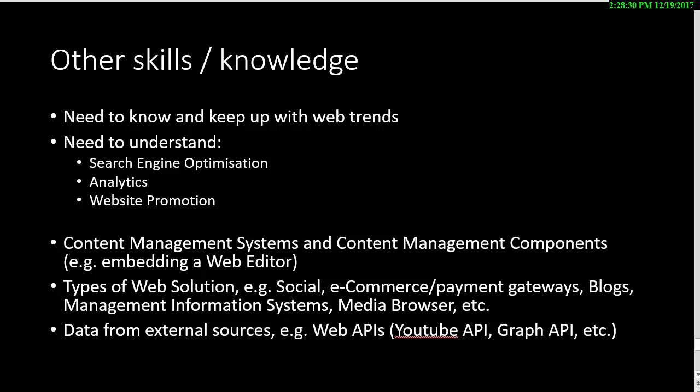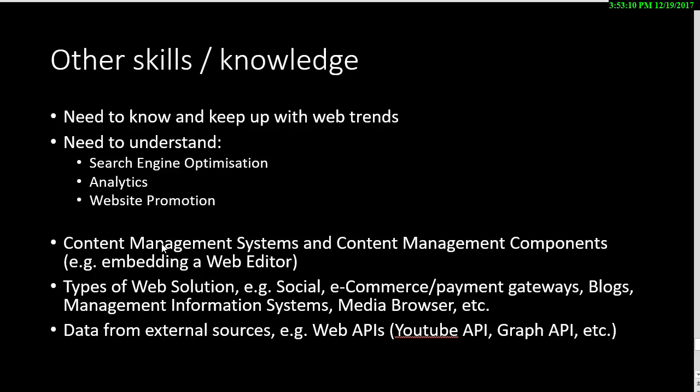Other skills that you need to know. You need to keep up with web trends. There are many other skills you need to know and keep up with, for example, web trends, search engine optimization, analytics for your website, and website promotion. In addition, you may also want to look into different content management systems such as Drupal, Joomla, WordPress, and types of web solution.